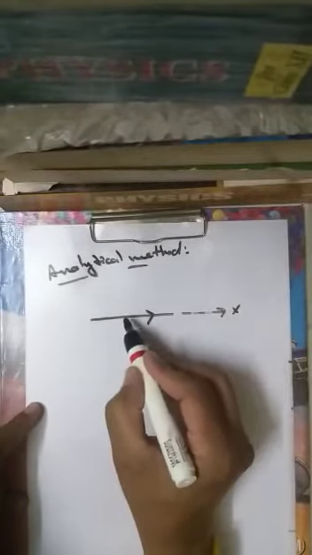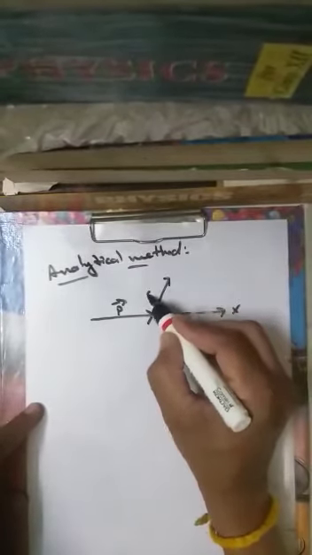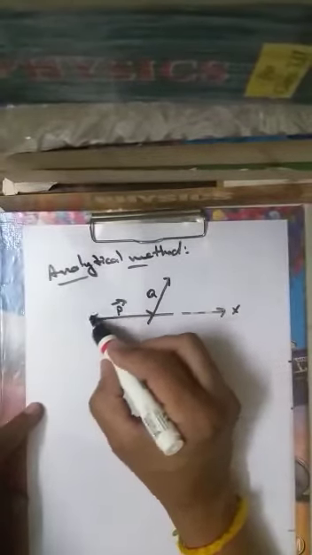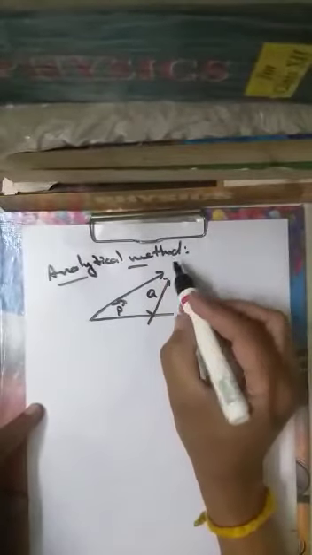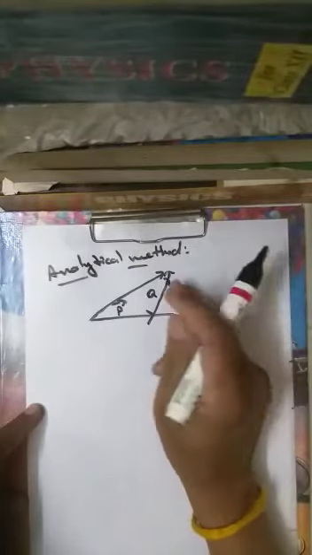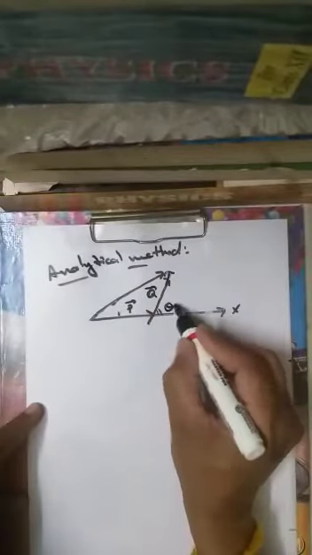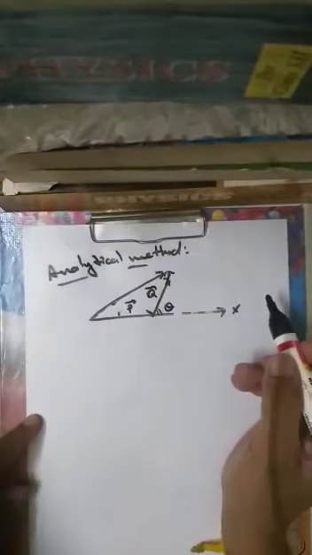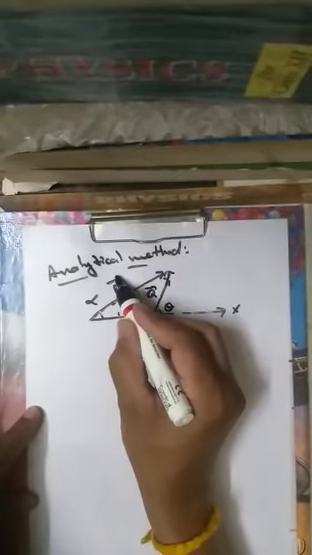Along the x-axis, we take a vector of magnitude P, vector P, and another vector Q, such that it makes angle theta with the x-axis, or the value of the resultant is alpha.